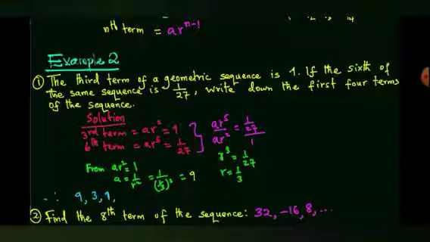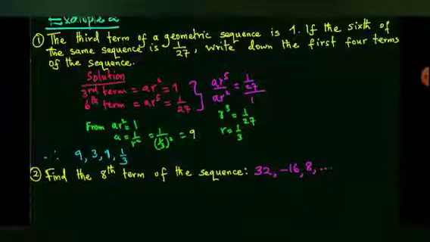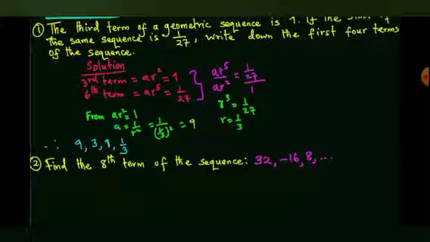And finally, we have AR cubed, 9 times a third cubed, which is a third. So of course, it's important to note that this is simply A, AR, AR squared, then AR cubed.